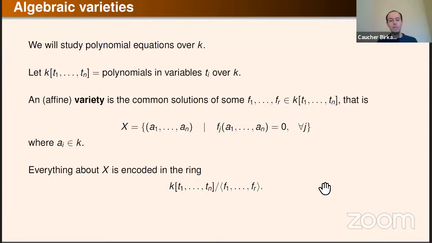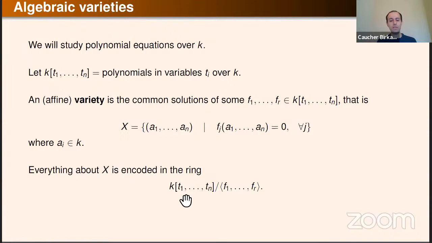And this duality, this dictionary, is what got me really interested in the subject, because I was fascinated by how you say something very abstract in commutative algebra, and then you see its geometric meaning, which is much more visual, much more intuitive.